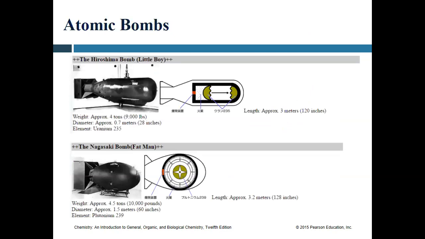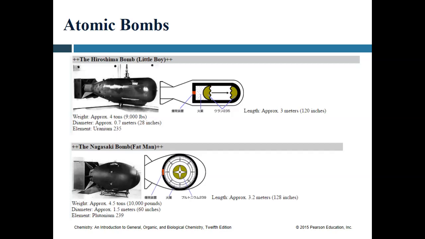So if we look at the 2 atomic bombs that have actually been used for wartime purposes, you've got the Hiroshima bomb, which was using uranium. If you think about it, it's not that big. I think the most surprising thing is that, as far as tip to tail, it's only about 9 feet.